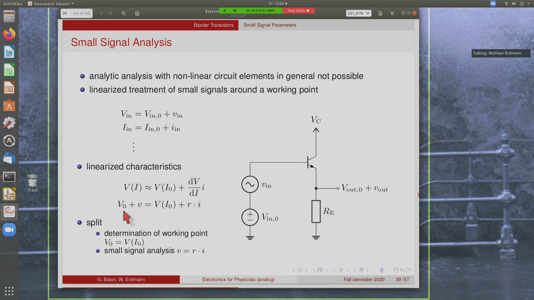And the same expressed in terms of this small signal voltage here: V0 plus little v is the voltage at the working point plus, and this derivative is called a differential resistance, multiplied by this current change. So what we do here is we split the determination of the working point, so where is the voltage as a function of a current, and the small signal analysis, so what happens at this working point when we make small changes of the currents or the voltages.